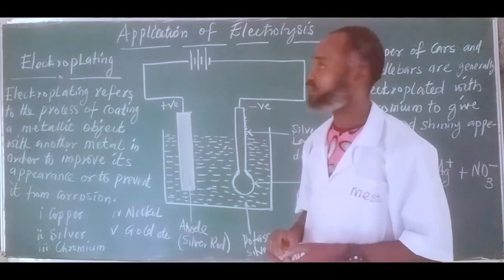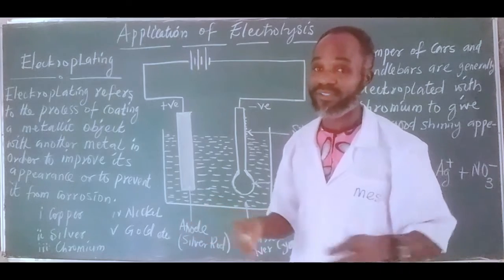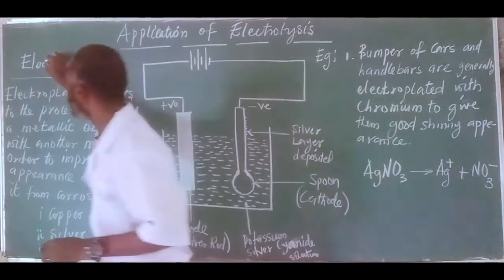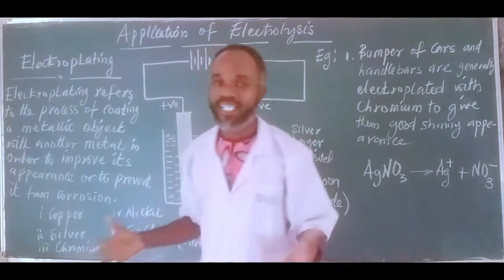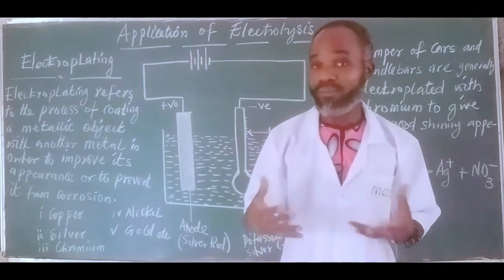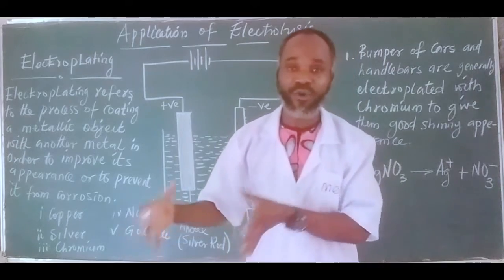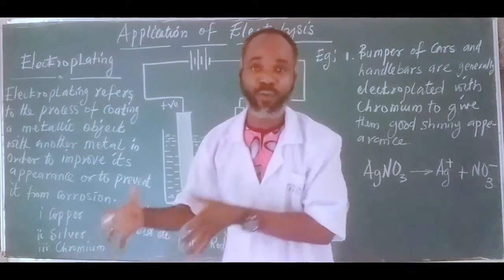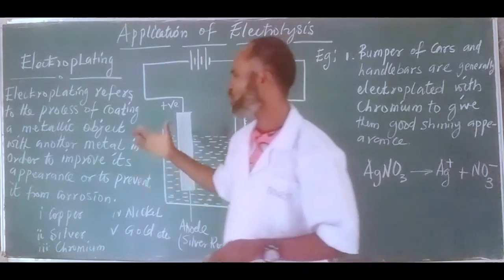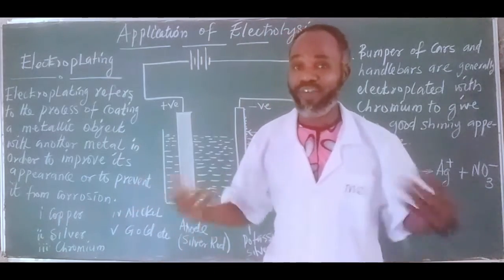The application of electrolysis. One of the applications of electrolysis is electroplating. This is electroplating. Then the question is, what is electroplating? Electroplating simply means the process of coating a metallic object or a metallic material with another metal to give it good appearance or to improve its appearance.